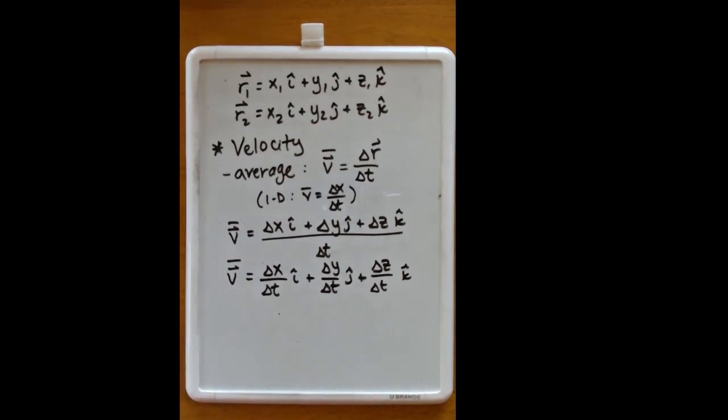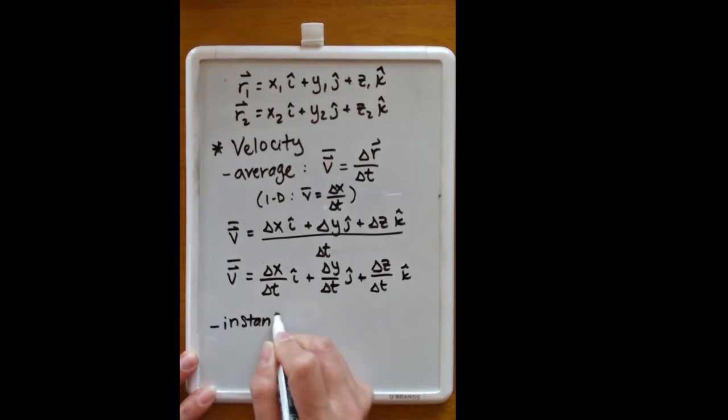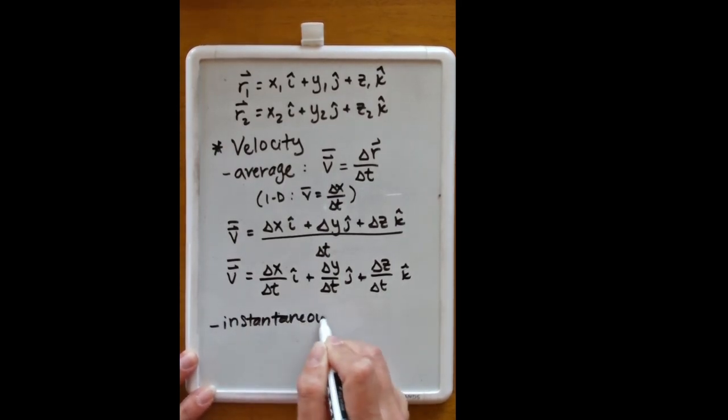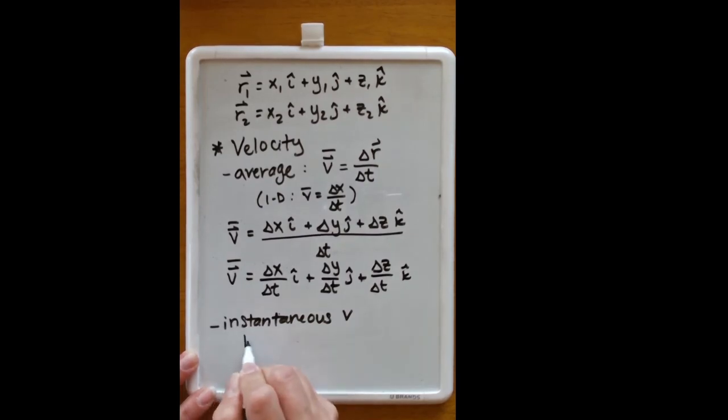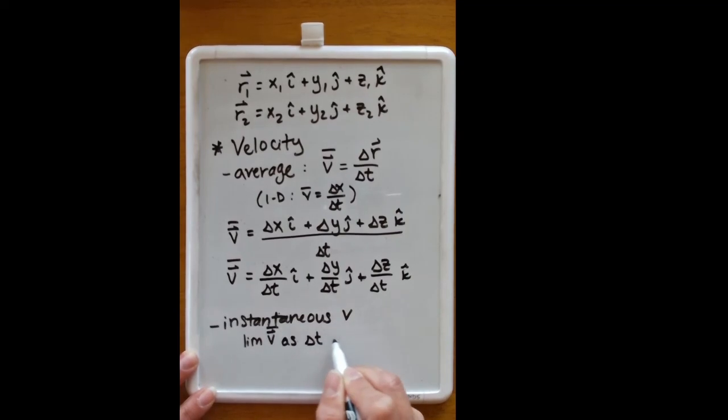And just like when we talked about our one-dimensional velocity, we can talk about instantaneous velocity, and it is the limit. We'll write this down here. The instantaneous velocity is the limit of our average velocity as our quantity delta t goes to 0.